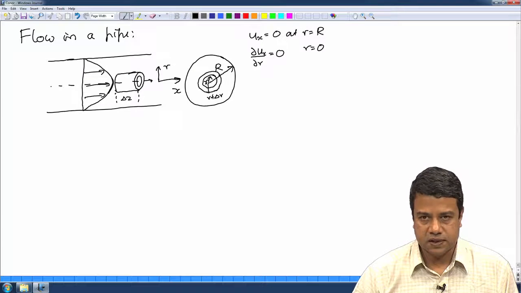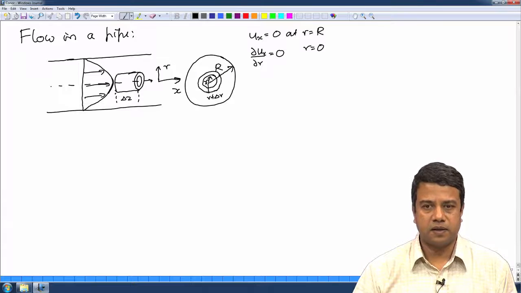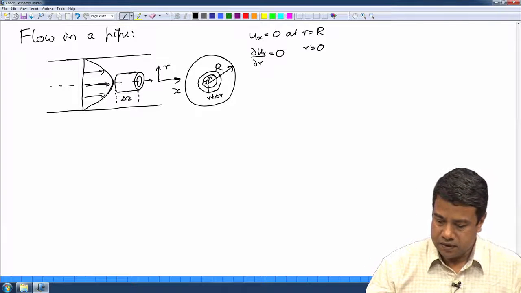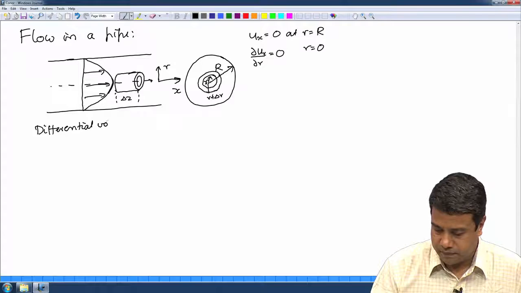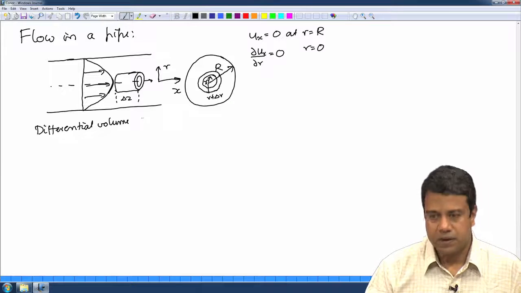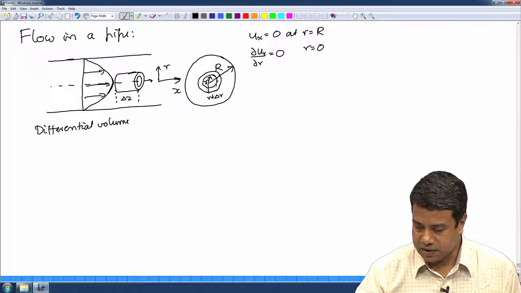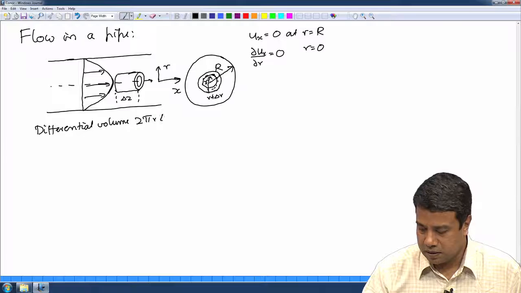Now, the rate of change of momentum is just equal to the difference in the momentum between time t and time t plus delta t. So, this differential volume, the total volume in this is going to be equal to this circumference times the thickness, 2 pi r delta r, times the length delta z.